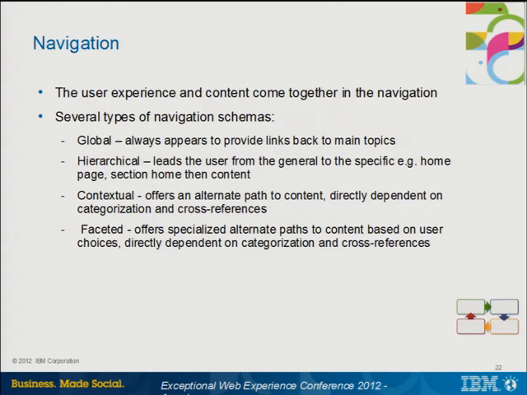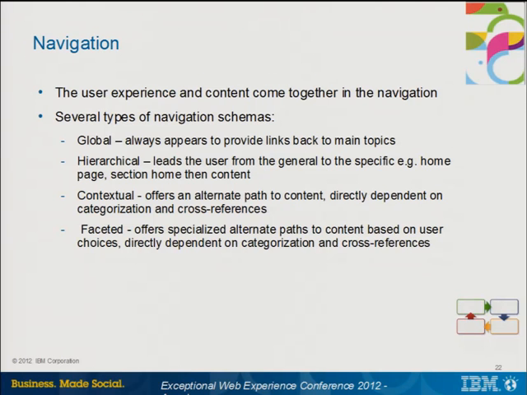What you need to do is figure out the personas first, the people first, then look at the content, and then the navigation. Because if you've got a navigational structure that goes 2 levels deep, and you're trying to surface 10,000 pieces of content, that's going to be a pretty broad navigational structure, isn't it? So you've got to make sure that you do those first bits. There are different types of navigational schemas.